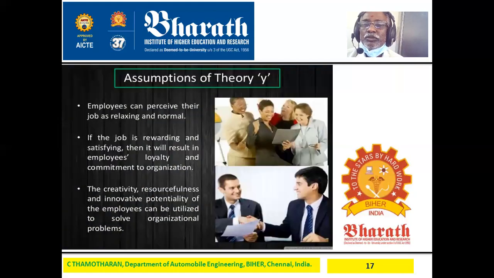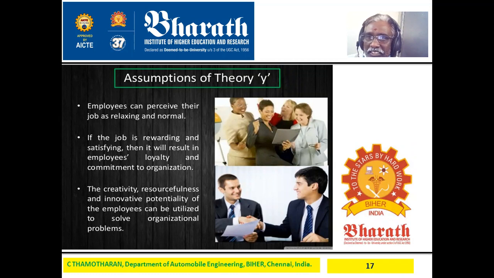So that's why McGregor says Theory X and Theory Y, and we can easily understand with the help of images what we are discussing, right?